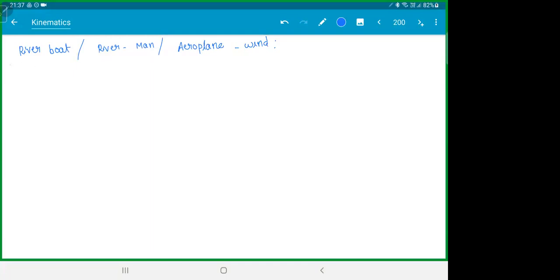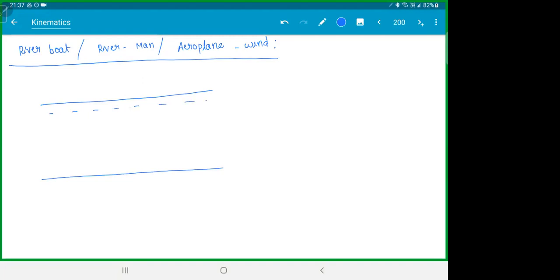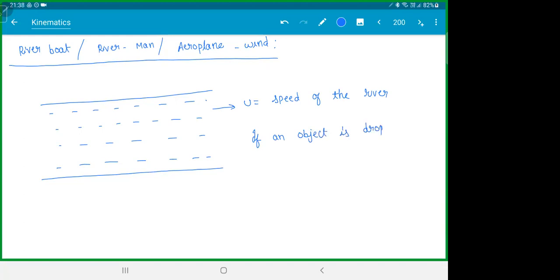See, when you say a river is flowing with speed u, the meaning of this is if an object is dropped into the river, it will move with the velocity of the river.